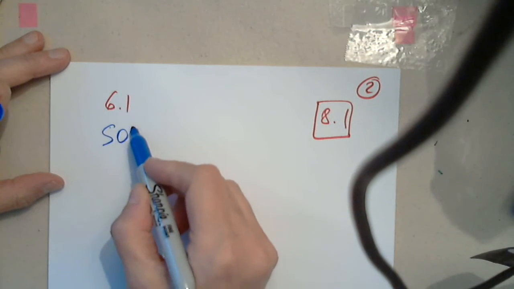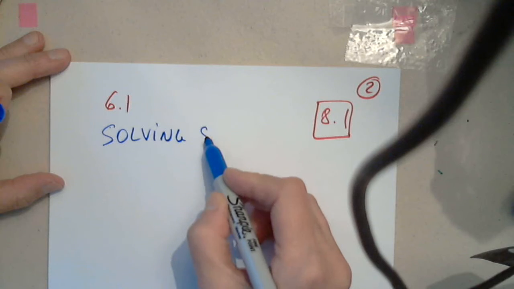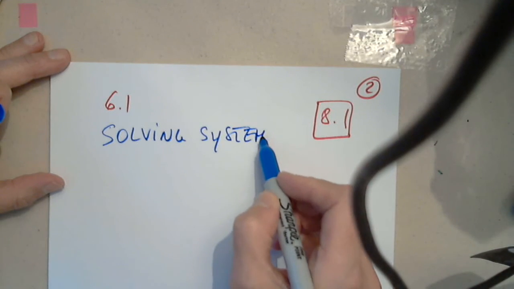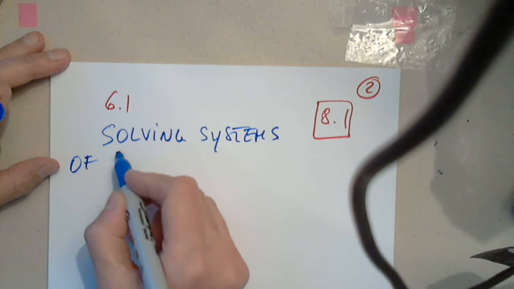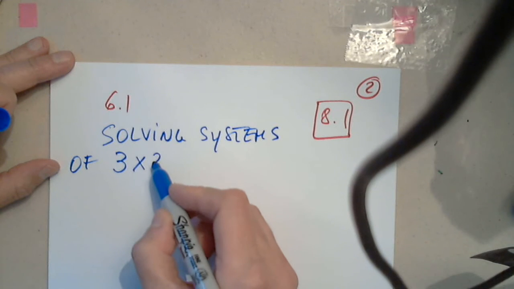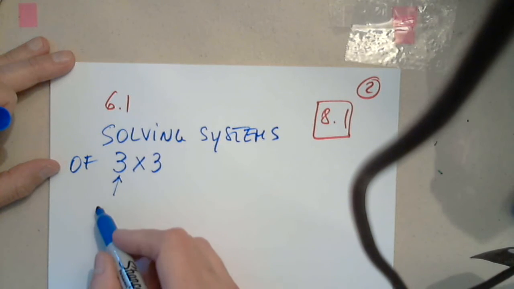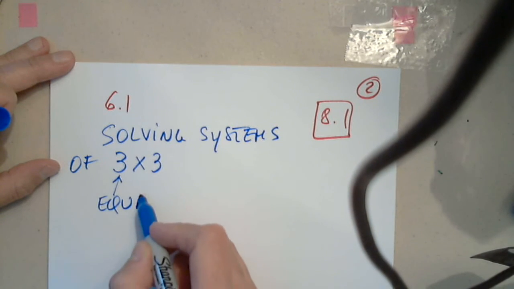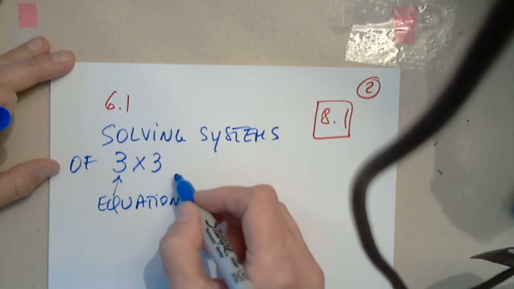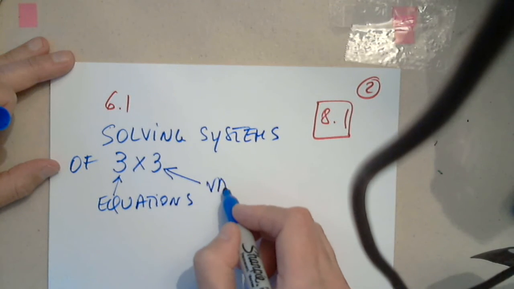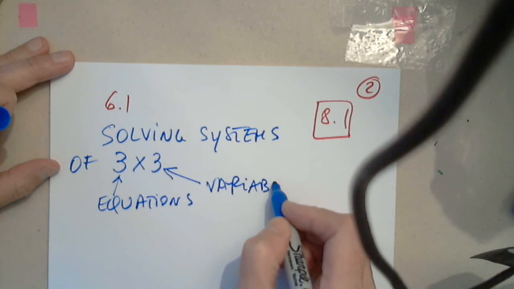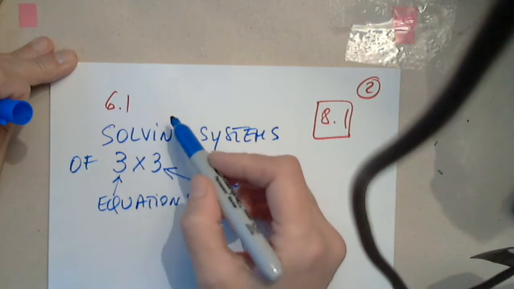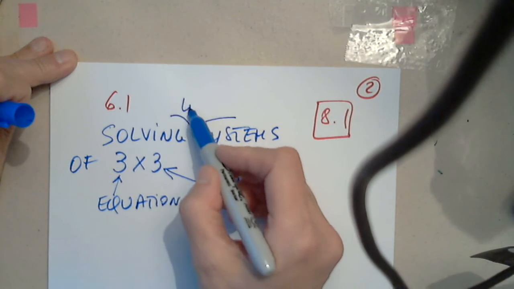So solving systems of 3, we call them 3 by 3. Three equations, 3 variables. I want to add a word here which is very important: linear.